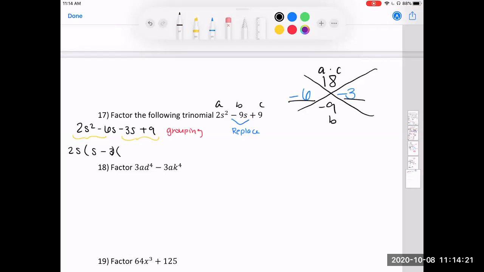Then I can factor out a negative 3 from the last two, so that I have s minus 3. And we see we have the same thing in the parentheses. This factors to be s minus 3 times 2s minus 3. And that's how we factor when our leading coefficient is not 1.